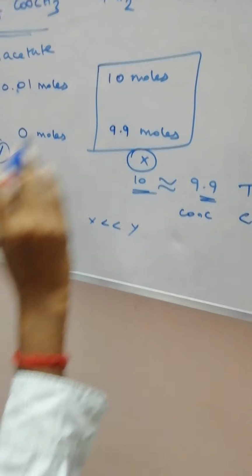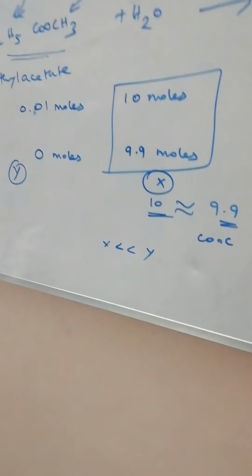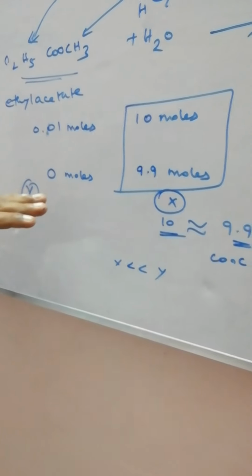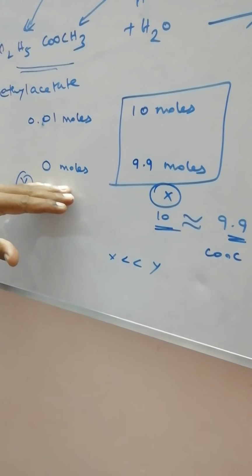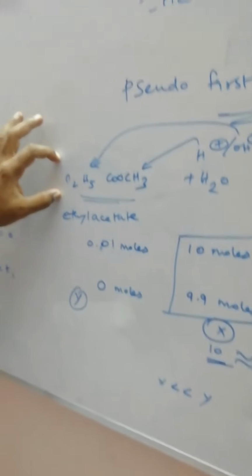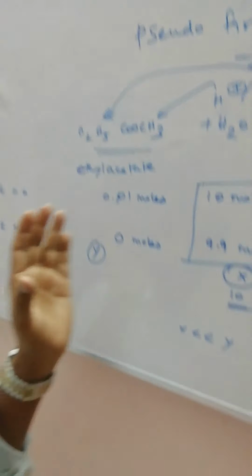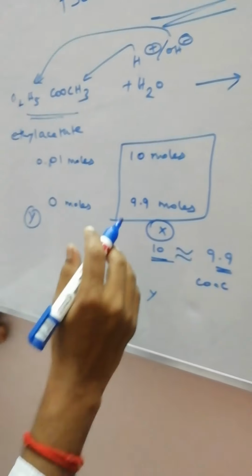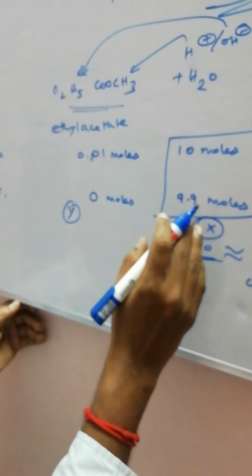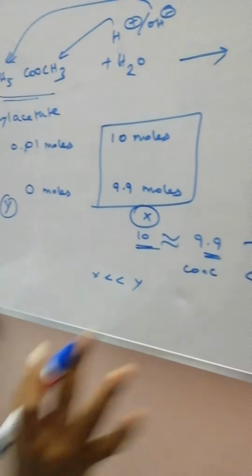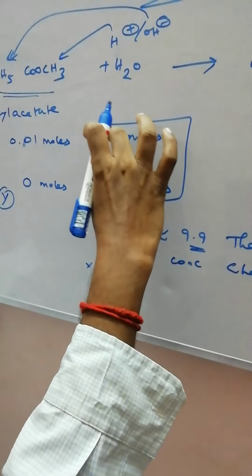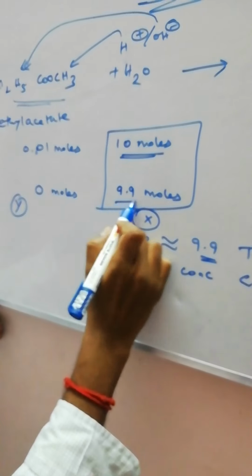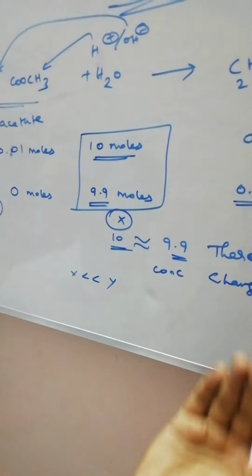Initially the reaction takes place like this. At a particular time interval, ethyl acetate ester is consumed fully into product. The same amount of water is converted into product. After the reaction, the 10 moles, 9.9 moles of water show no change.